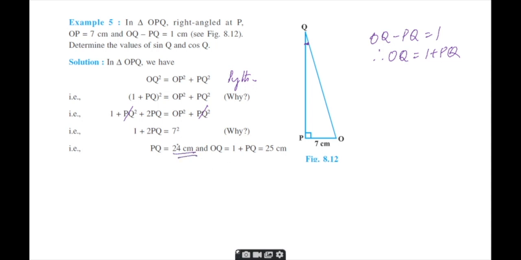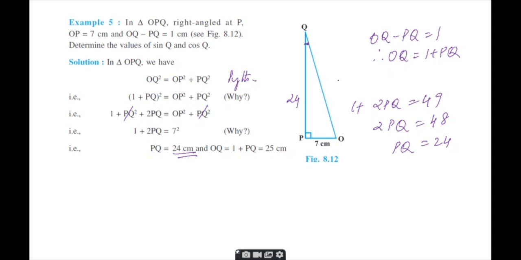I hope all of you understood. 1 plus 2PQ is equal to 49. So 2PQ is equal to 49 minus 1, that is 48. So PQ is equal to 24. So we got 24. This was already given 7 centimeter.